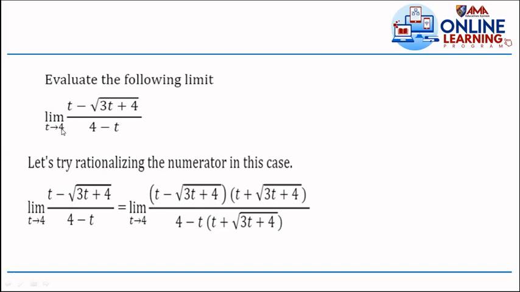Okay? So, dito, we have your a. So, pagpalang natin, this your a minus b, no? So, yung a natin is t, ang b natin is square root of 3t plus 4 divided by 4 minus t. So, we have a minus b. Para maging squared siya, i-multiply natin siya ng a minus b multiply by a plus b.